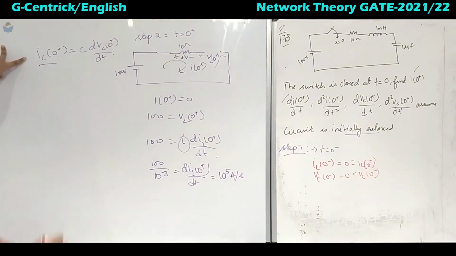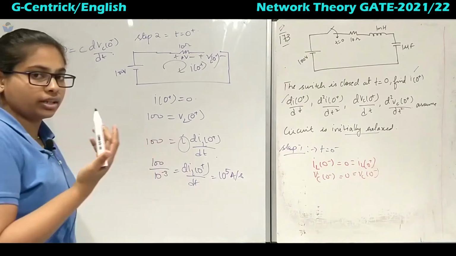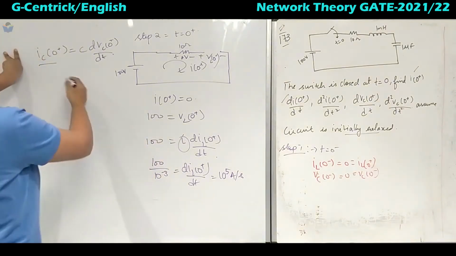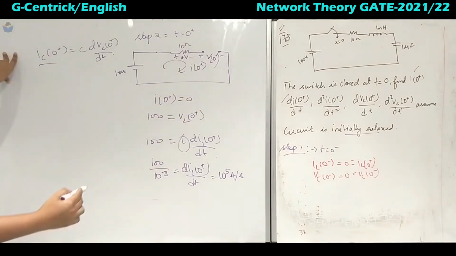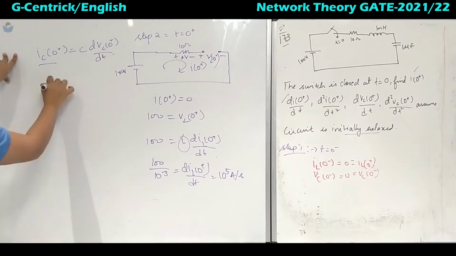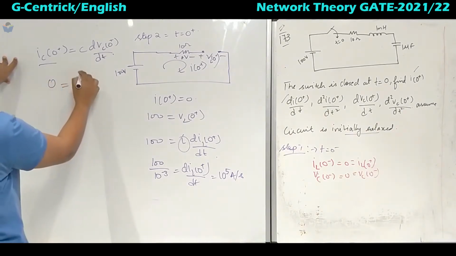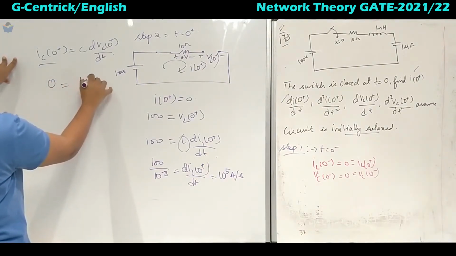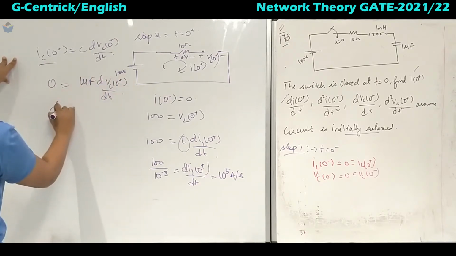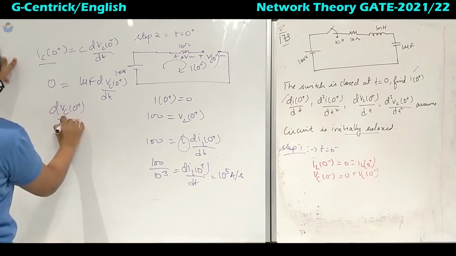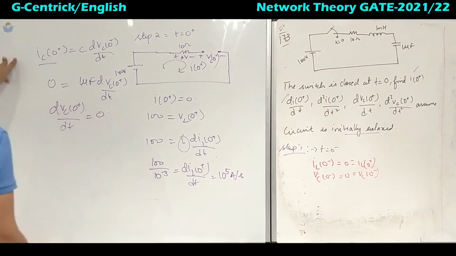But IC of 0 plus, we know that it is initially relaxed, so it will be 0, because here it is open circuit. Whatever the current IL of 0 plus, I of 0 plus and IC of 0 plus will be equal. So this is 0. C is how much? They have given 1 microfarad. So dVc of 0 plus by dt will be equal to 0.